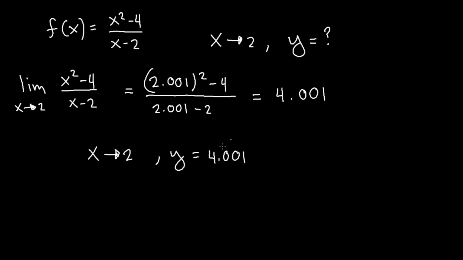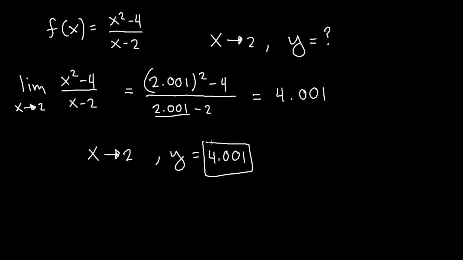So why 4? Why not 4.001? Because the 4.001 was obtained from 2.001, which is only an approximate value of 2 but not exactly 2.